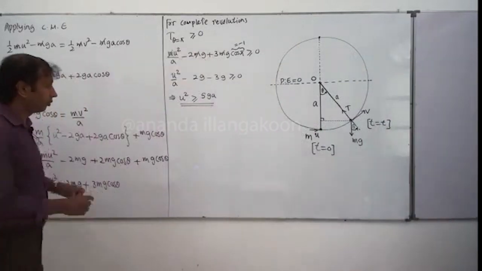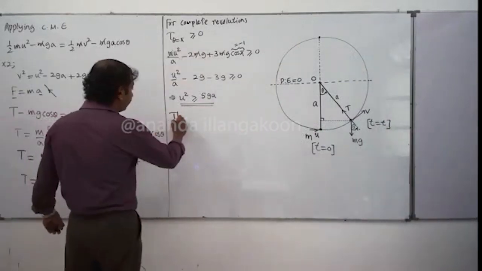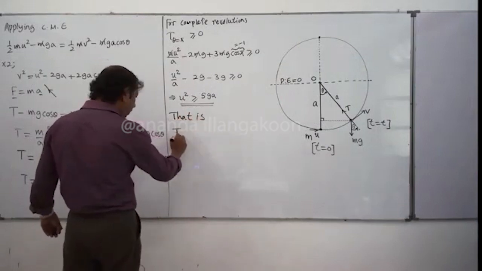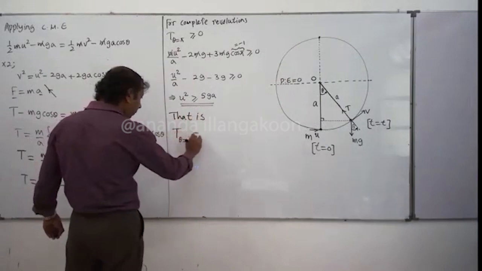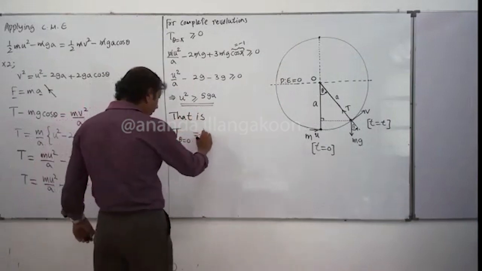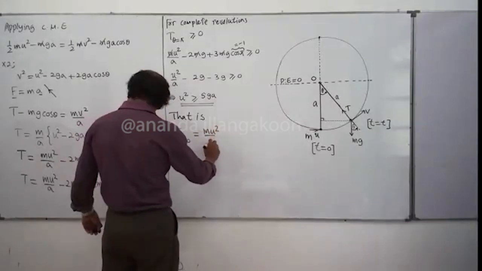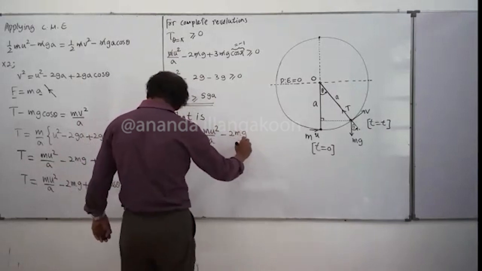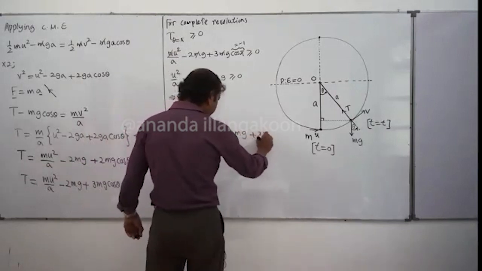That is, T at theta equals 0 equals mu squared upon A minus 2mg plus 3mg.